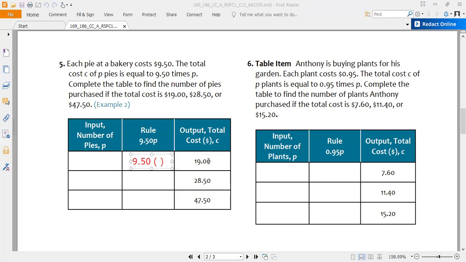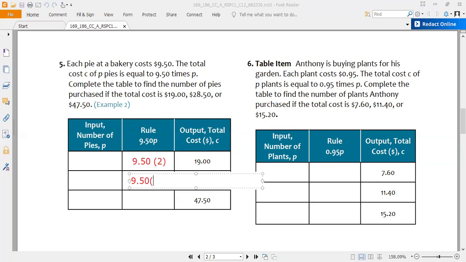For example, he's saying that the answer should be 19. I know that 9 times 2 is 18. So if I multiply this number by 2, it will give me 18, and then there are 50 cents. So 50 plus 50 will be 1. So 18 plus 1 will be 19. It's very simple.